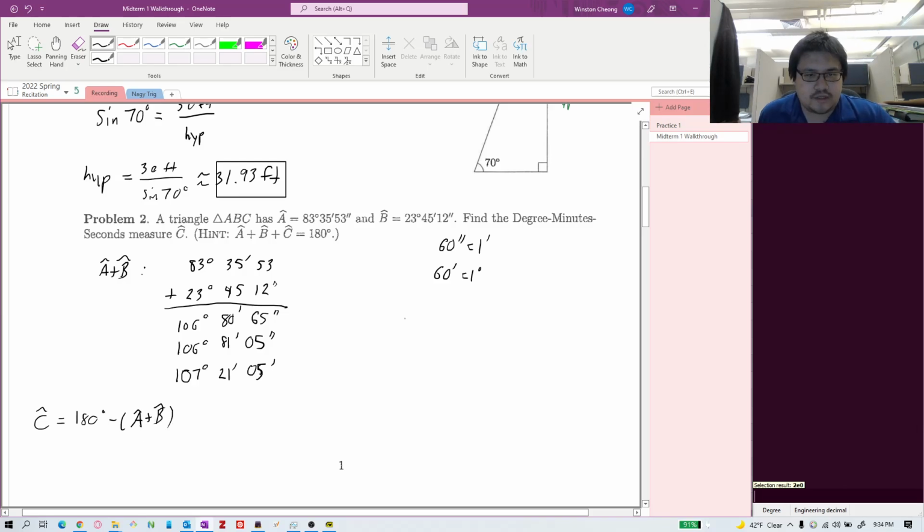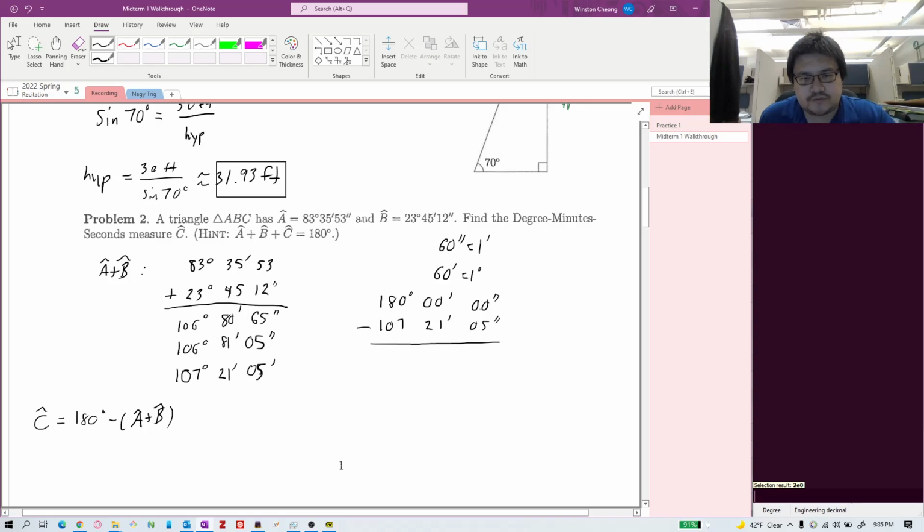Okay. So now what we need to do is subtract. So we do 180 degrees, and I'm going to add these extra columns. Right, so 107, 21, 05. And we're going to subtract this time.